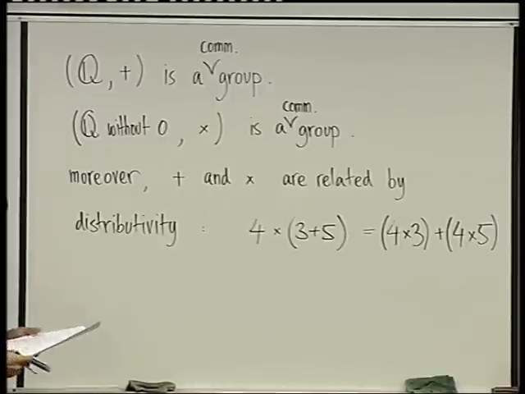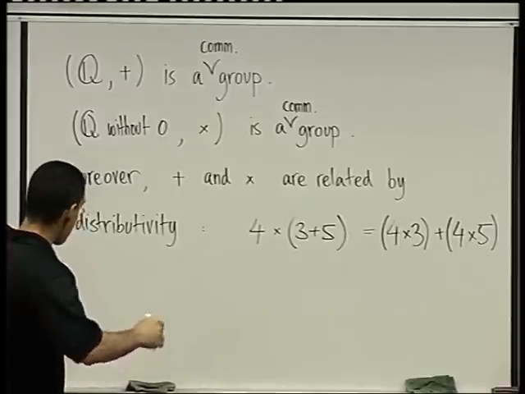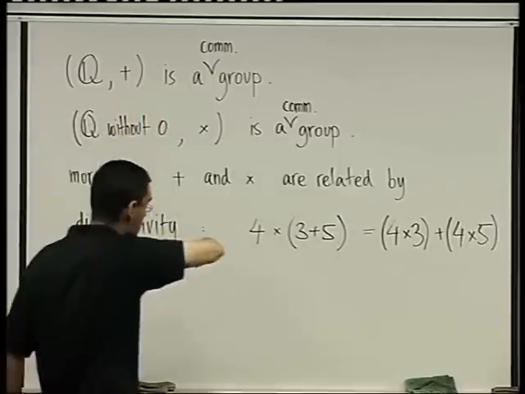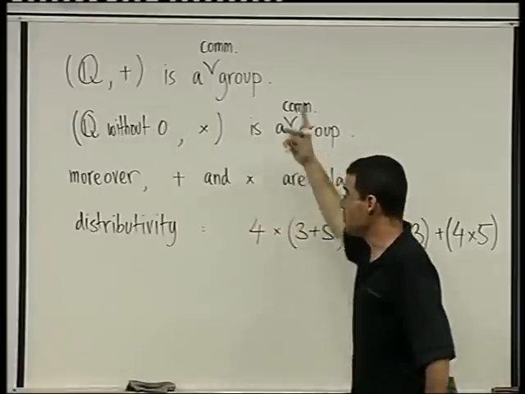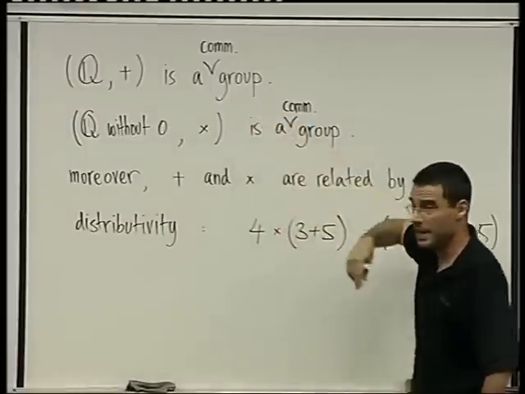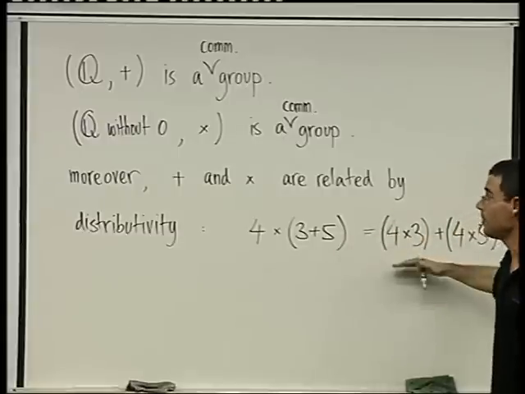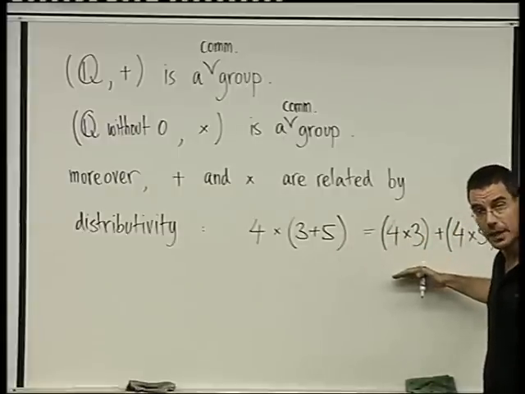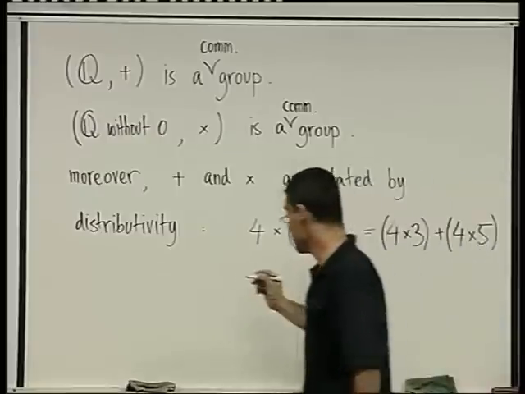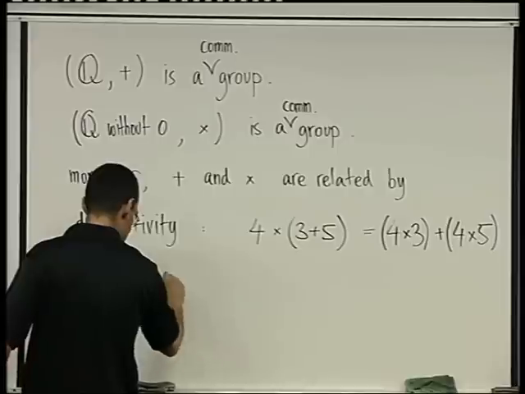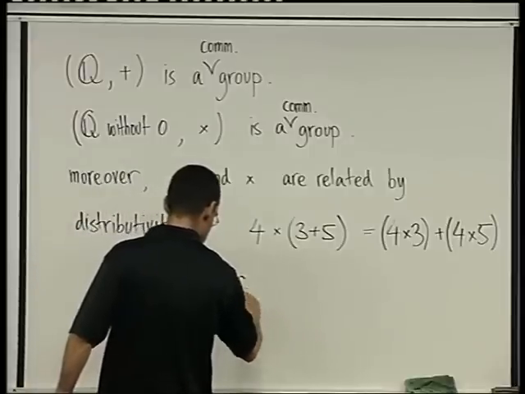And a set that satisfies all this, namely that it has these two operations with respect to both of which it is a group, and these operations are related by the distributive law, is called a field. Q is a field.